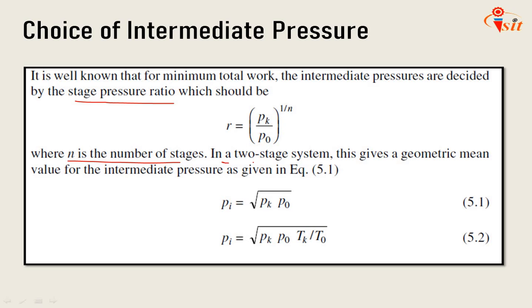In a two-stage system, this gives a geometric mean value for the intermediate pressure, that is Pi equal to root of Pk P0. Similarly, Pi equal to root of Pk P0 Tk/T0. We will see this later. First we'll discuss this equation.